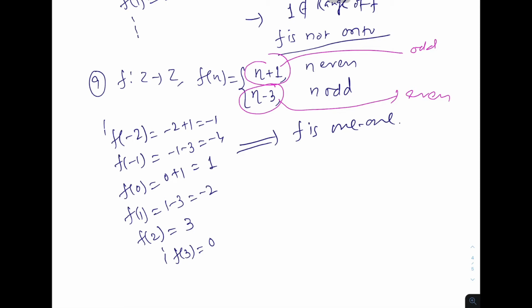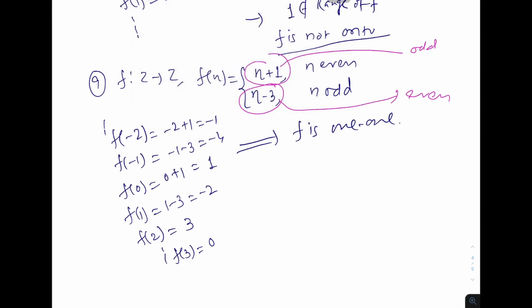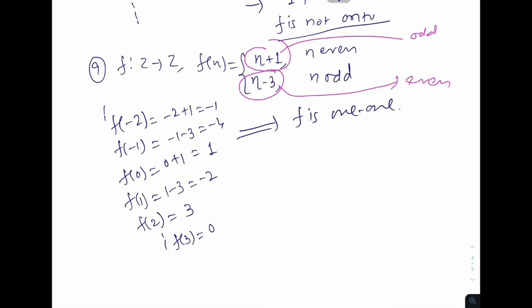Okay, how is this helpful to check some of the things? Suppose we are not having 1, minus 1, 2. Is 2 in the range? That is the question we are asking.